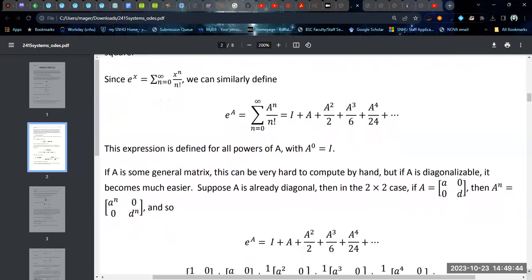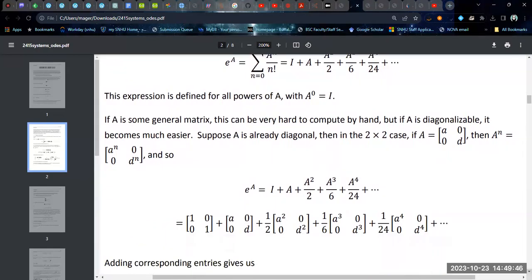But if we have a diagonal matrix, and many, many matrices can be diagonalized, then if A just has values on the diagonal, when we raise A to the power of n, the diagonal just gets raised to the power of n.